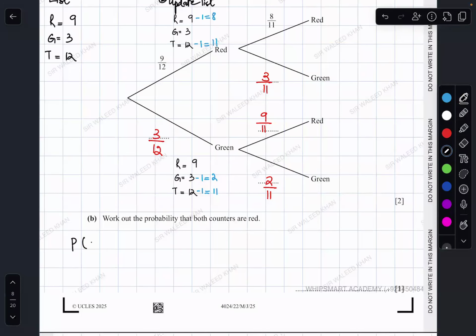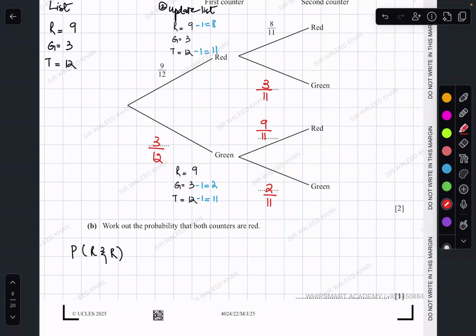Now work out the probability that both counters are red. Probability that we have red and red. The first is also red and the second is also red. I'm just going to highlight it. The first is red, this, and the second is also red. So when you are dealing with probability, just remember, along the branches, you multiply, and across the branches, we add.